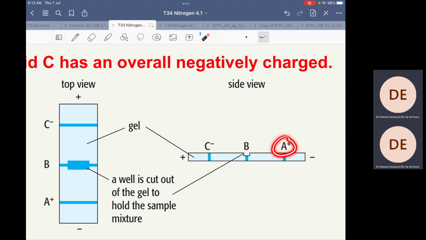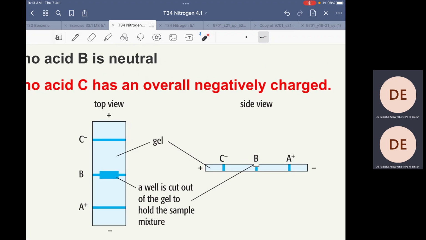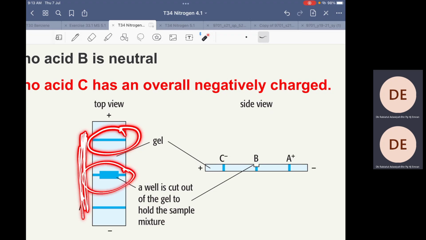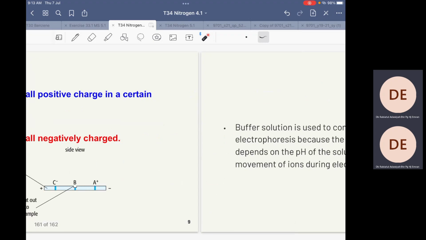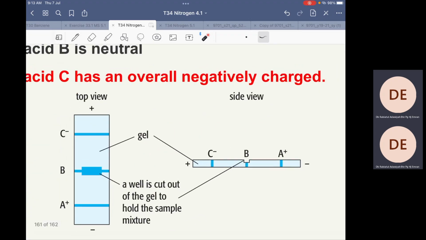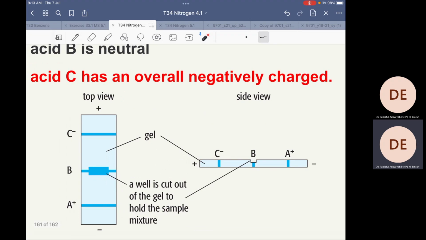And amino acid A with a charge of +1 moves towards the negative terminal. Okay, and that is how you are able to tell, if you did not know which is which, that this would be the negative ion, this would be neutral because it doesn't move from its starting point, and this would be a positive ion. Okay? Right, and that's the simplest electroferrogram that you can see.